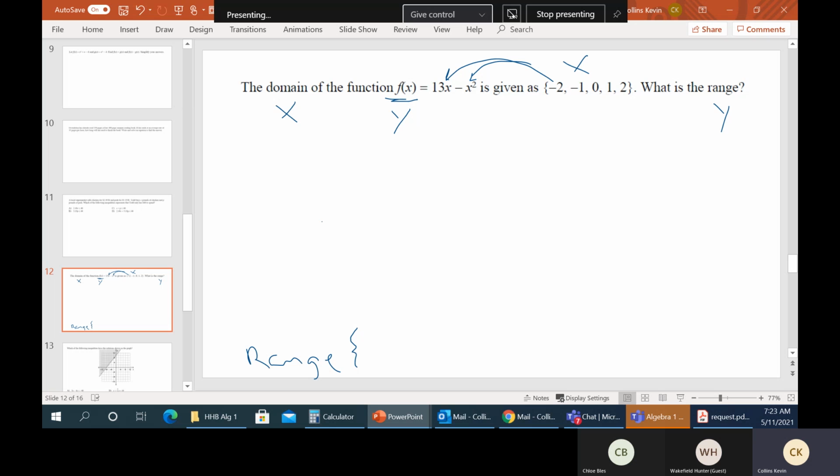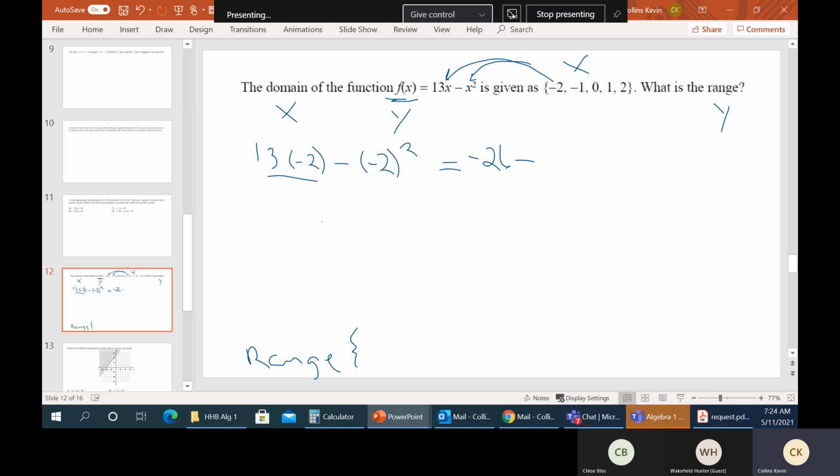Okay? So for the first one here, we're going to have 13, and then we're going to plug in a -2, and then minus -2 squared. Okay? So the first one we have 13 times minus 2. So that'll be minus 26. Right?